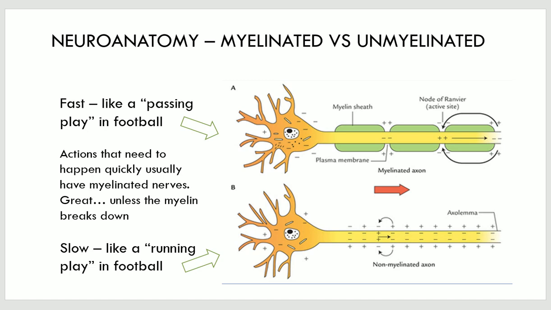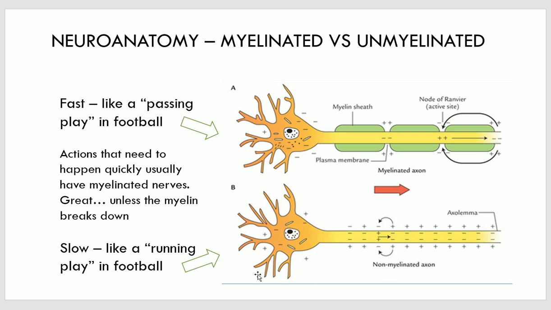So these are two different conduction pathways, right? Unmyelinated, we call continuous conduction. So it's continuously chemical in, out, in, out, slowly. Myelinated is called saltatory conduction. S-A-L-T-A-T-O-R-Y, saltatory conduction. In saltatory conduction, you only have to switch chemicals where there's no myelin, which makes it much faster than continuous conduction.